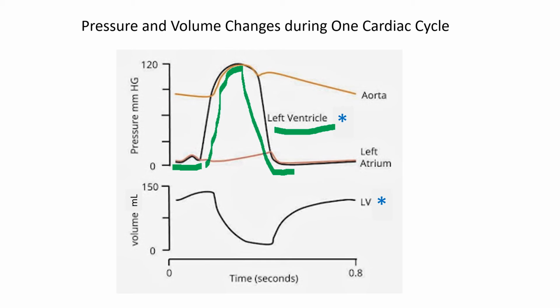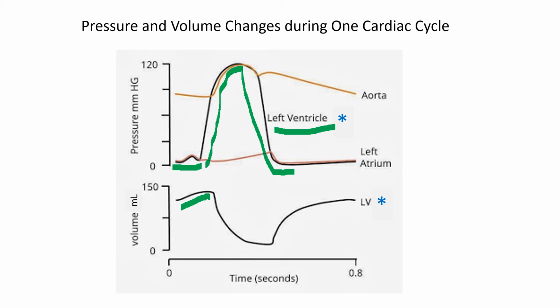In the bottom panel, we can also look at changes that occur in the amount of blood inside the left ventricle over the course of the cardiac cycle. And so this is volume in blood expressed in milliliters. So during the relaxation period here, the ventricle is relaxed, it's not contracting, and the quantity of blood inside the left ventricle is increasing. This occurs as blood moves through the atria and into the ventricle.